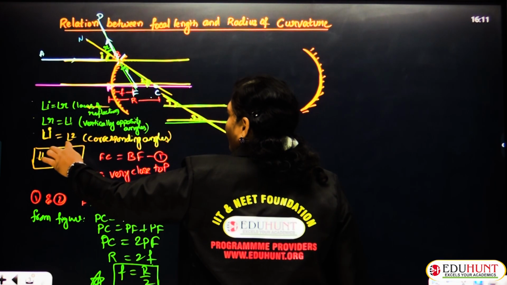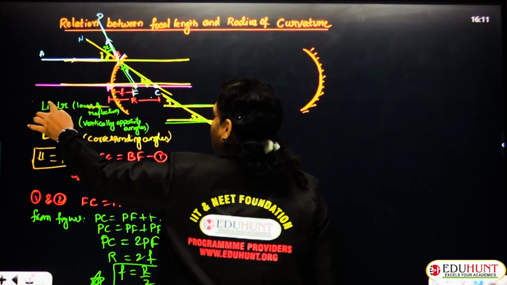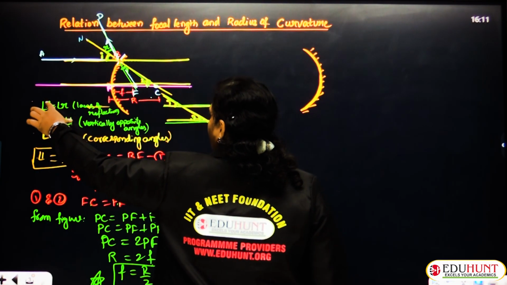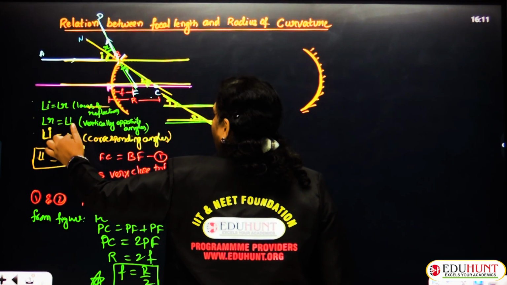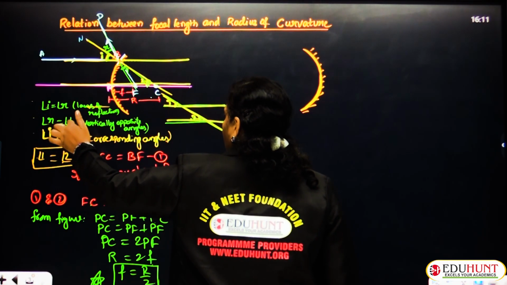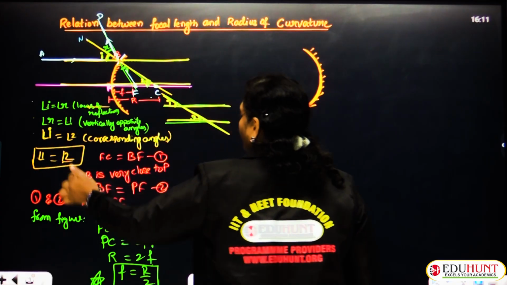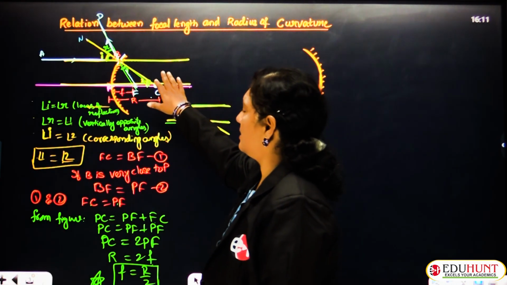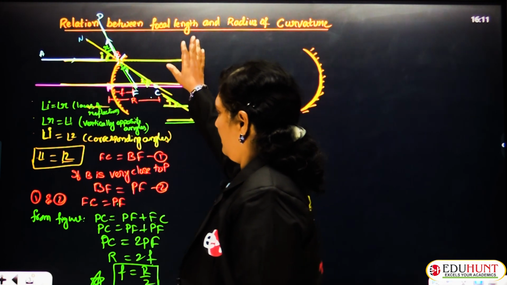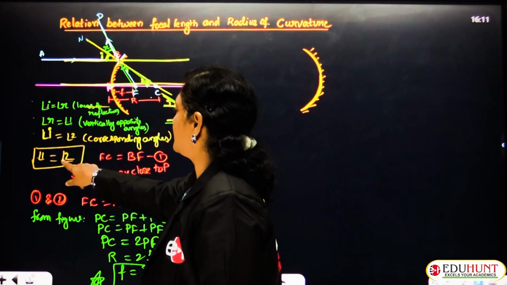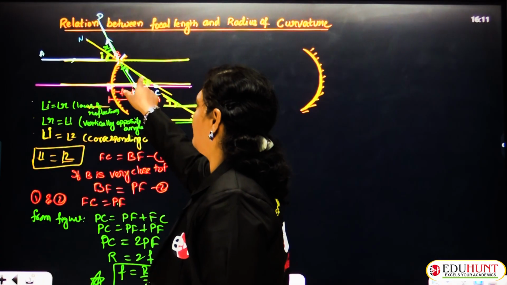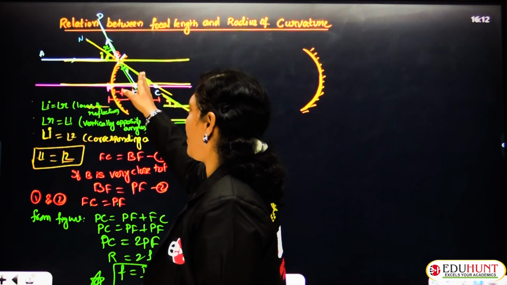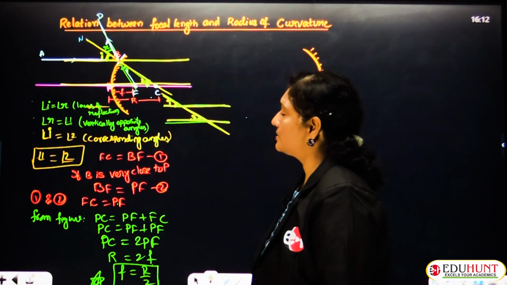So, since i is equal to r and r equals 1, i can be taken as 1. Here i can be taken as 2. So, 1 is equal to 2. Again from the picture, since both angles are equal, angle 1 is equal to angle 2, the sides opposite to these angles are also equal.